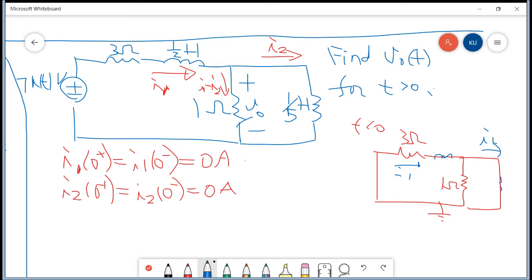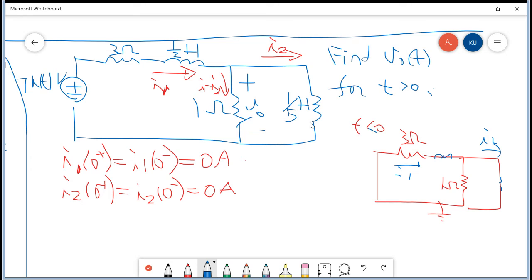And the next step, we would like to find the first derivative of them. Actually, we need to find Vo(0 plus), which is actually the voltage here.